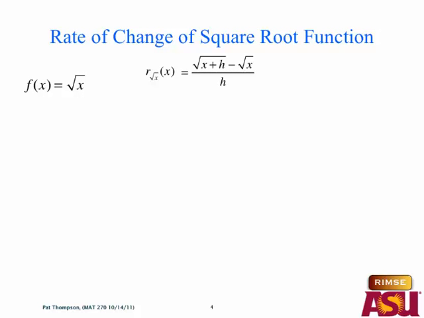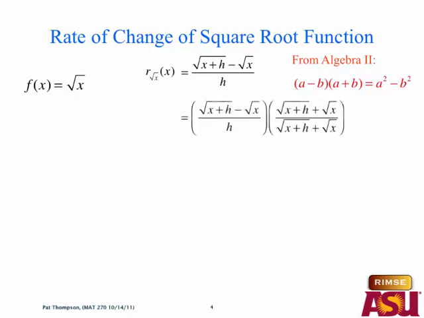Okay, so just watch and then look at the video. To work on this, what you do is multiply the top and bottom by what's called the conjugate. The conjugate is you just change the sign, you change the minus to a plus. So you multiply the top and bottom by that.